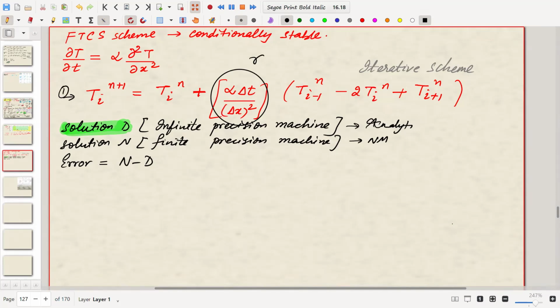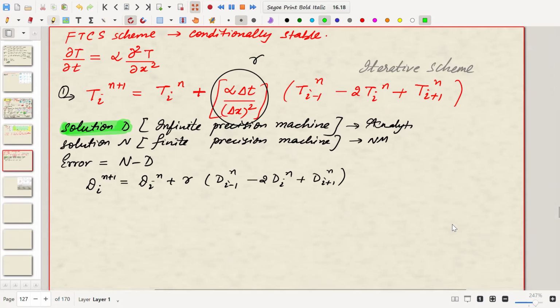So therefore it is true to write this, isn't it? Agree? I hope it is correct. Now, N is also a solution, right? So what should we write? N plus 1 is also equal to N plus R times the same difference expression.